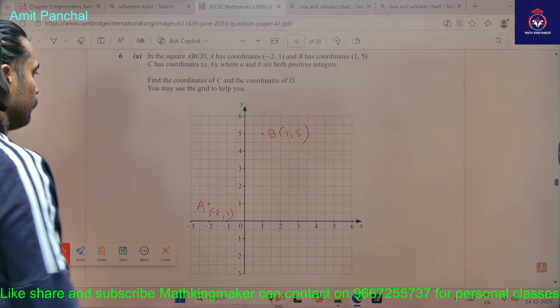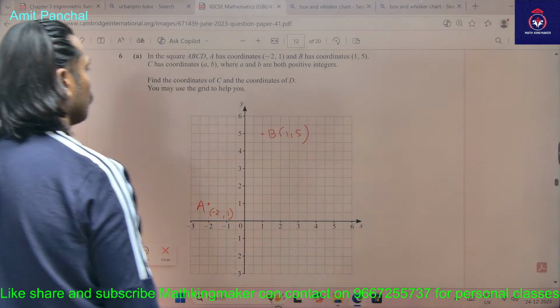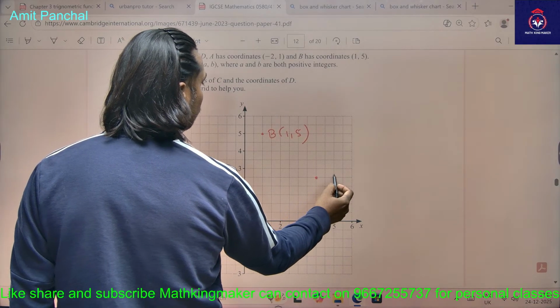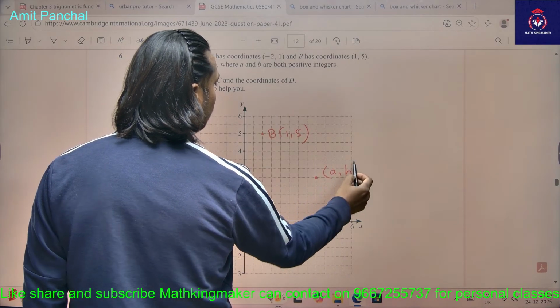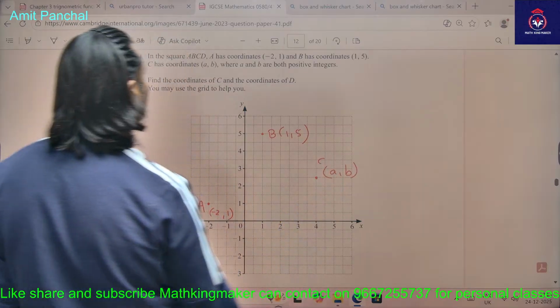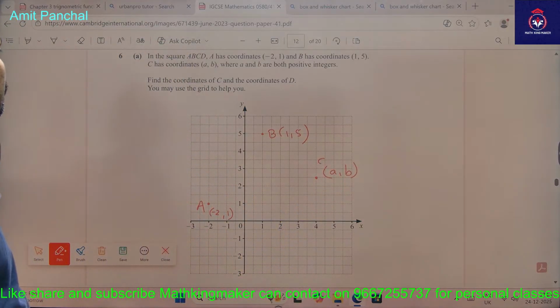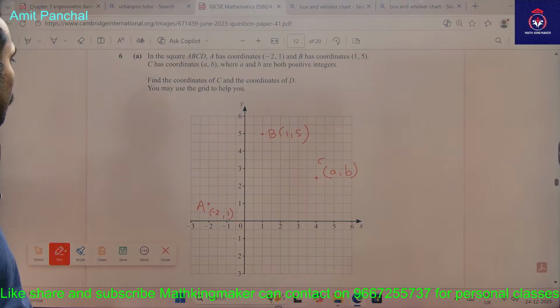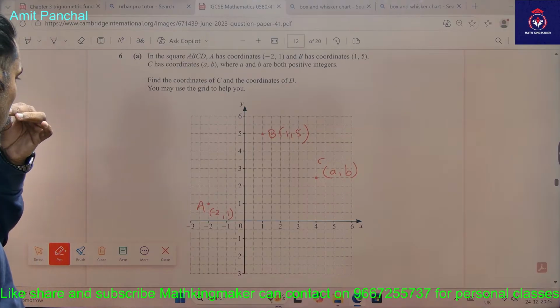C is (a, b), where a and b are both positive integers. So take anywhere. That is the point C. Find the coordinates of C and the coordinates of D. It is a square.